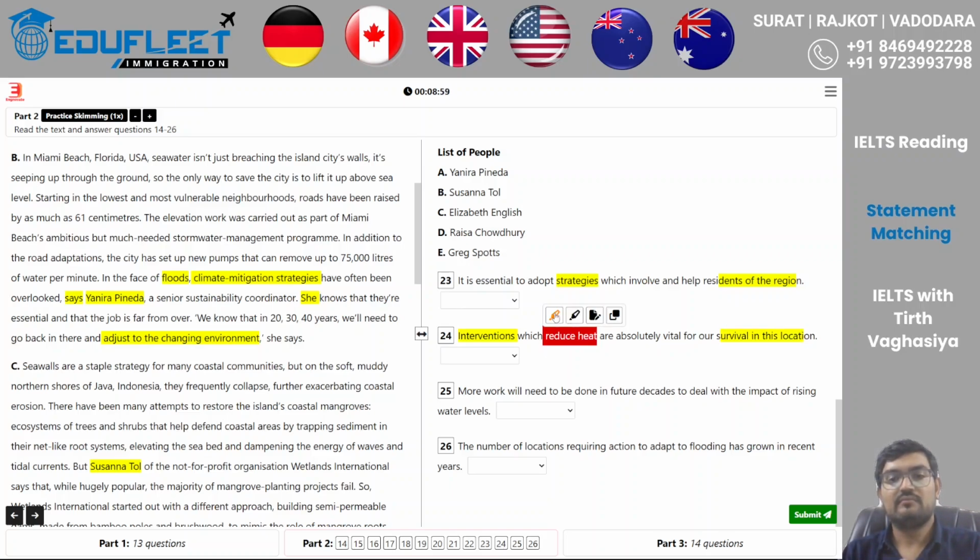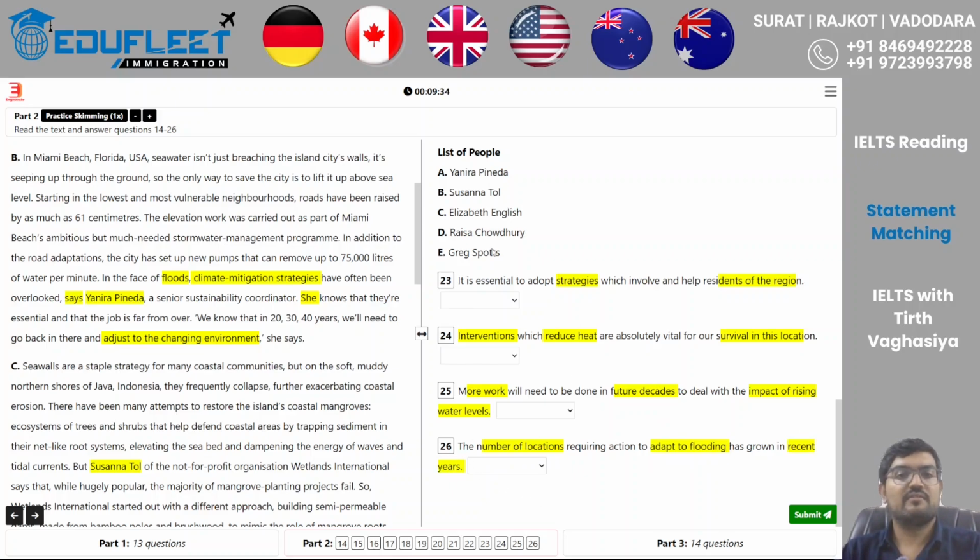Okay, more work will need to be done in the future decades to deal with the impact of rising water level. Okay, future decades. The number of locations requiring action, right? The number of locations that require action to adapt to flooding has grown in recent years. So flooding grown in recent years.